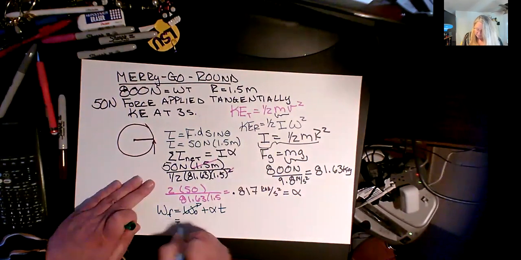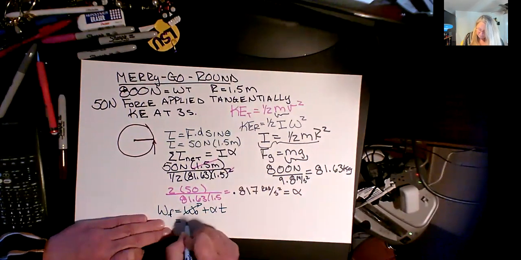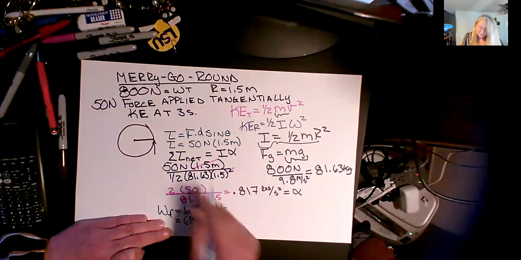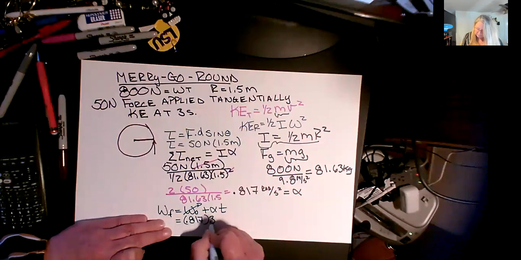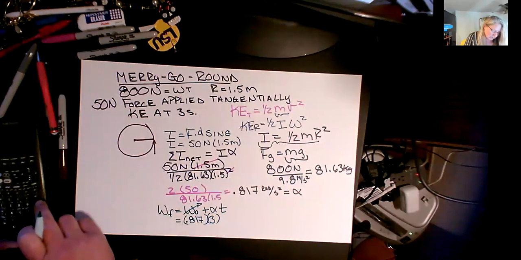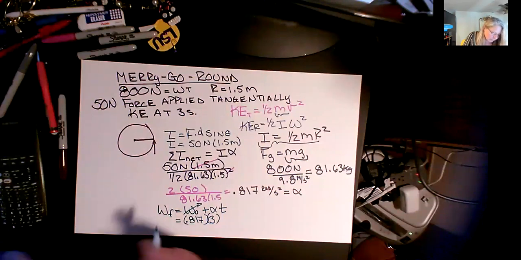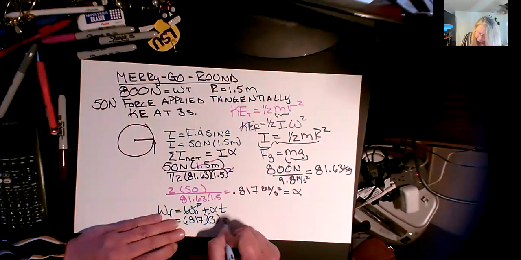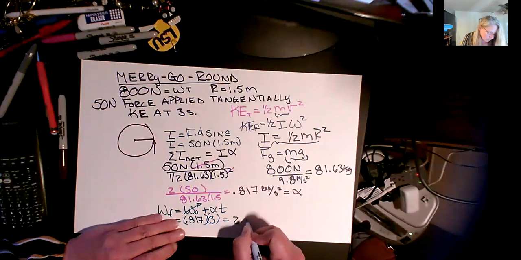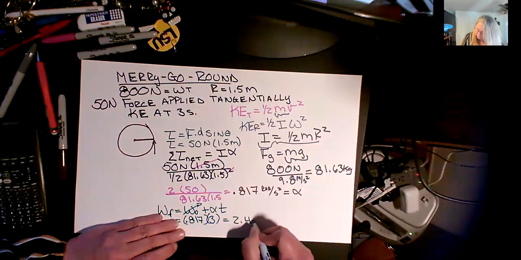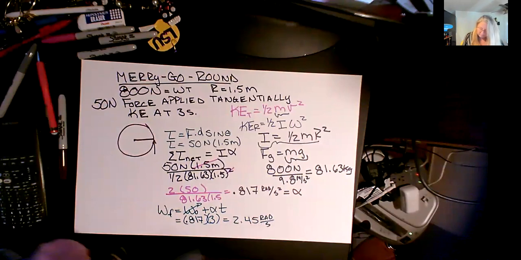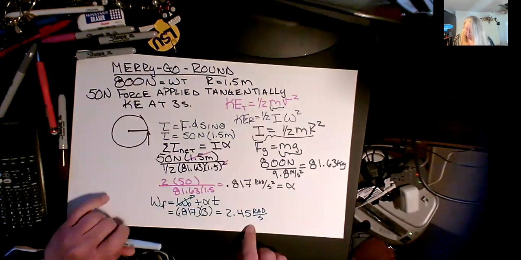So my omega final is going to be my alpha, this 0.817, times time, this 3 seconds. What does that give me? Times 3, so my omega final is 2.45 radians per second. Cool. So I'm down to just putting values in.